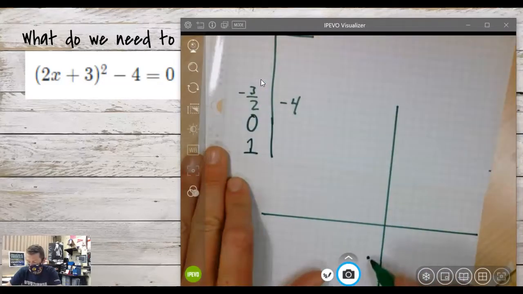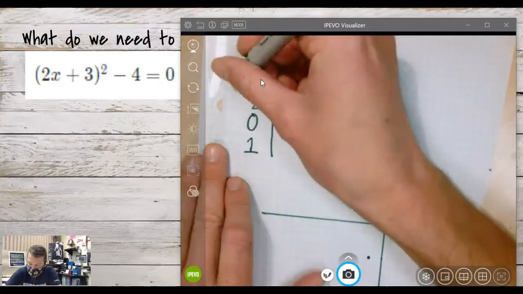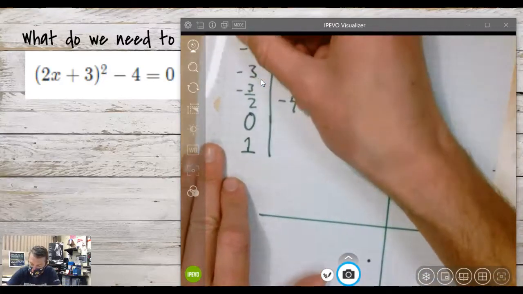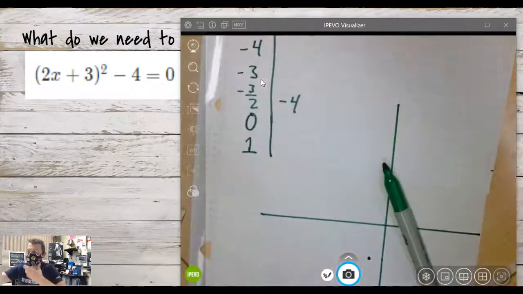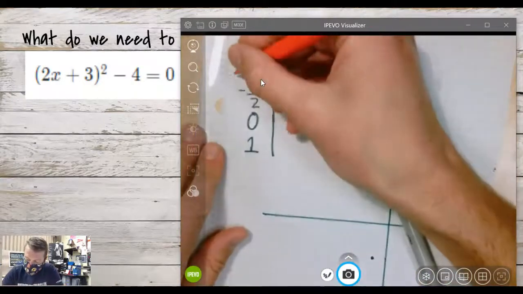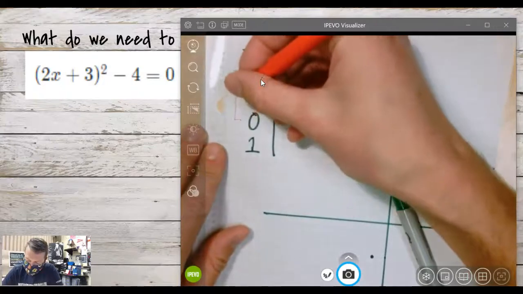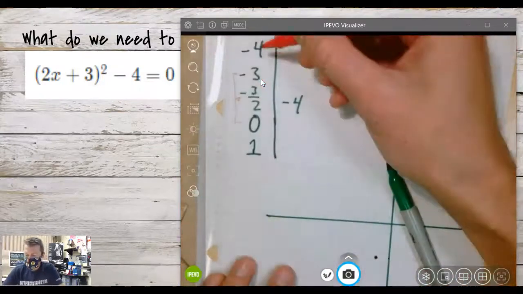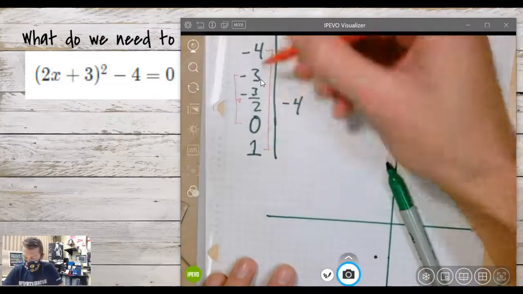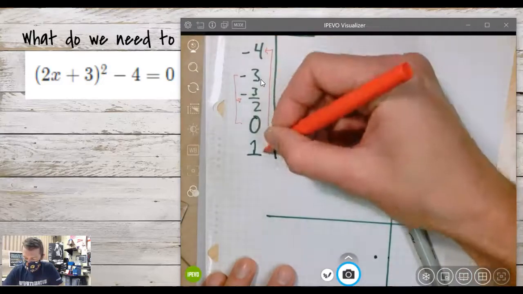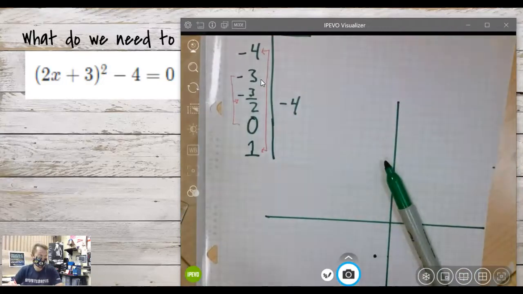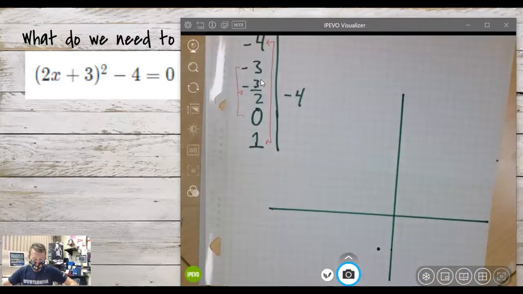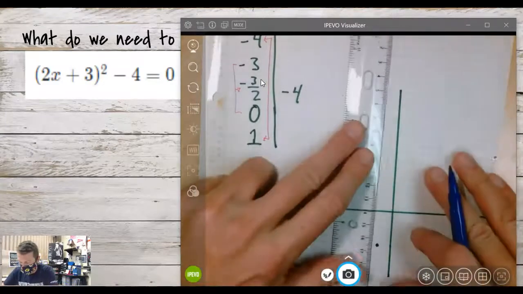So 0, though, is 1.5 over. So we'd also have to go 1.5 over. That'd be -3 and then -4. And the reason that we use those numbers is -3 and 0 are equidistant from the -3/2. -4 and 1 are equidistant from the -3/2. We're keeping equal distances so that we can use that line of symmetry.